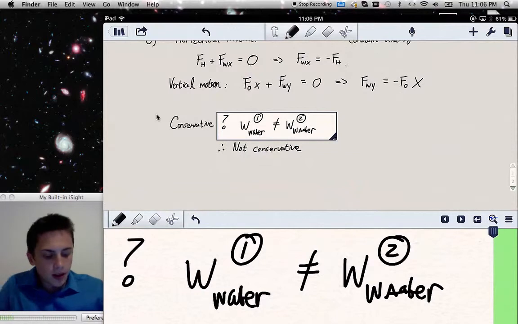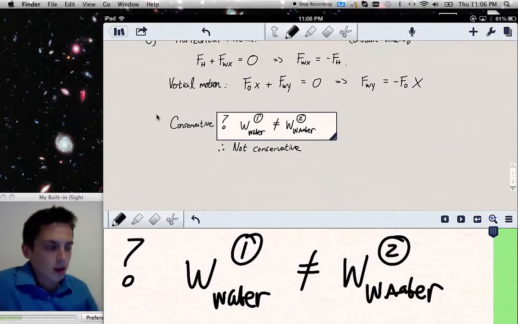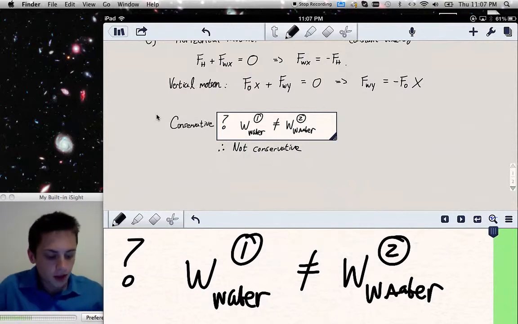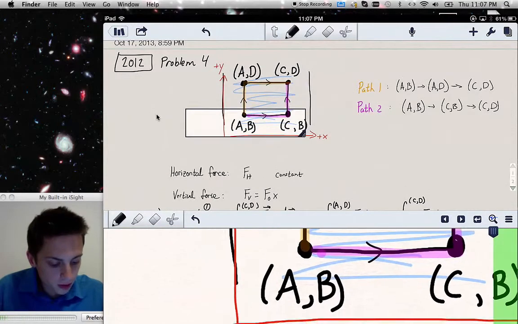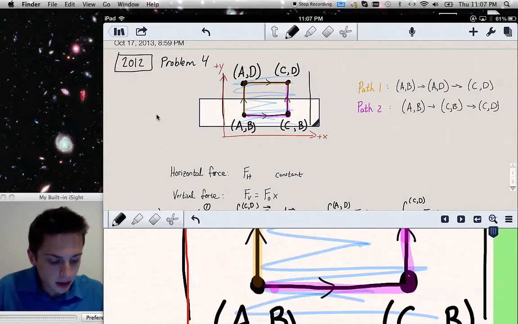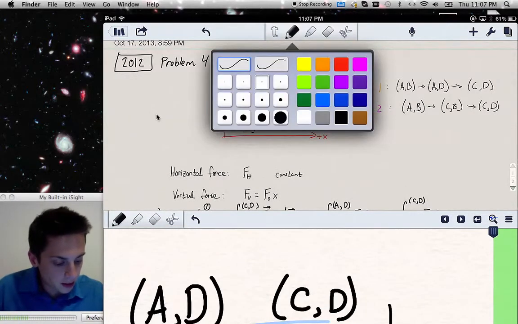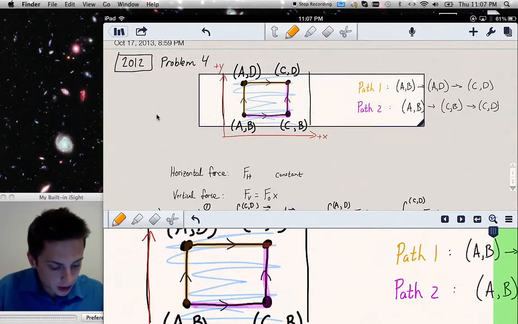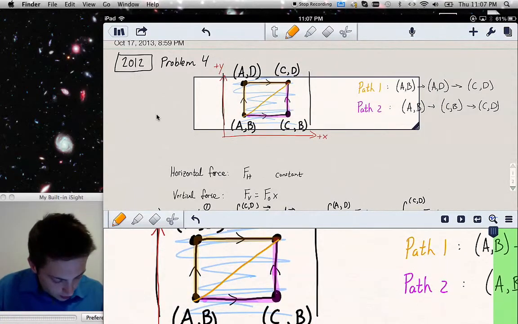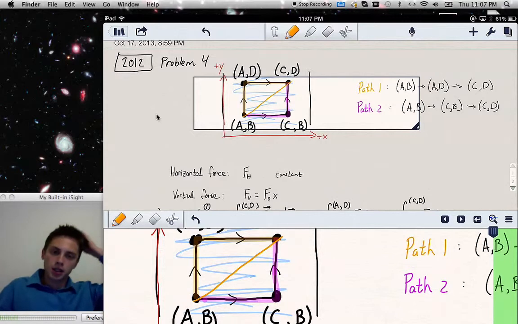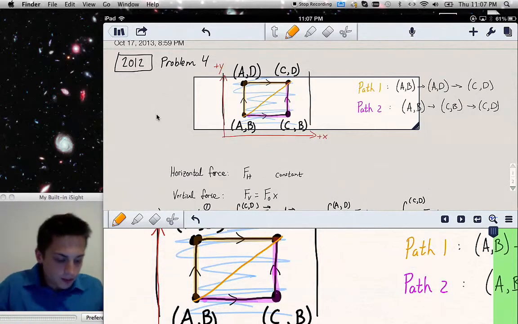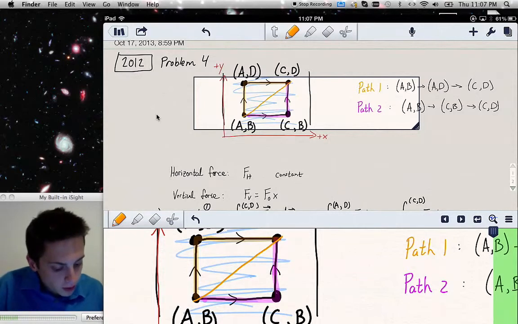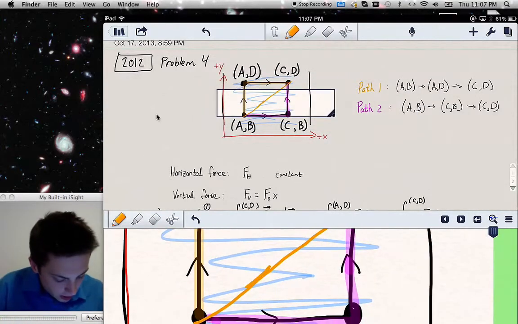Another way to think about it is like friction. This is definitely going to be a velocity-dependent force. If we looked at a path which went from AB to CD directly, so it cut down the diagonal of this overall rectangular path, then we'd have a water force which points this way.